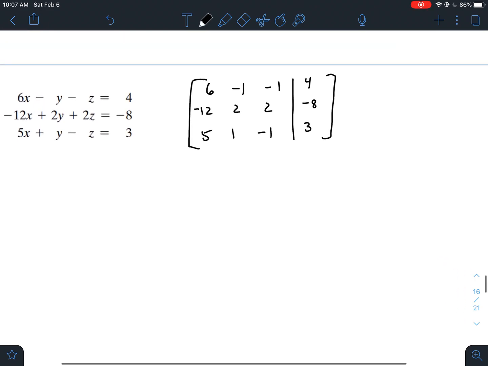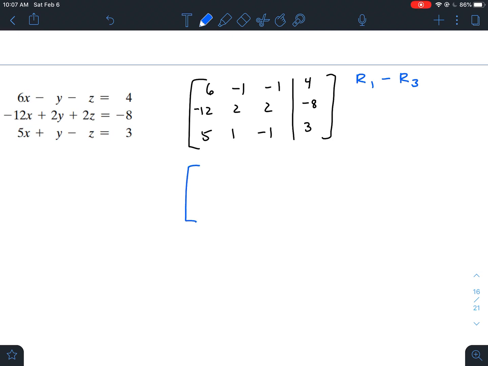All right, so I need to get a 1 in that first row, first column. Let's see. How could I get a 1 there? What would be the easiest way of doing this? I could do row 1 minus row 3, because notice if I did 6 minus 5, I would get 1.